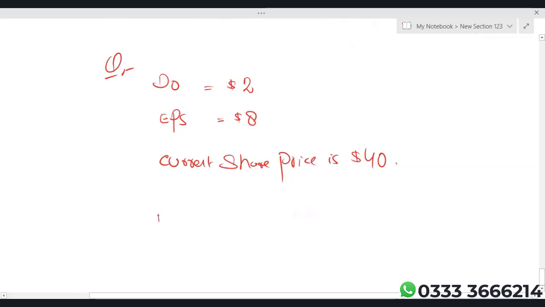Return on investment is 20%. Required: students, quickly calculate K, please. What is K? D naught is $2. Earning per share is $8. Current share price is 40. Return on investment is 20%. I need K. Please answer.